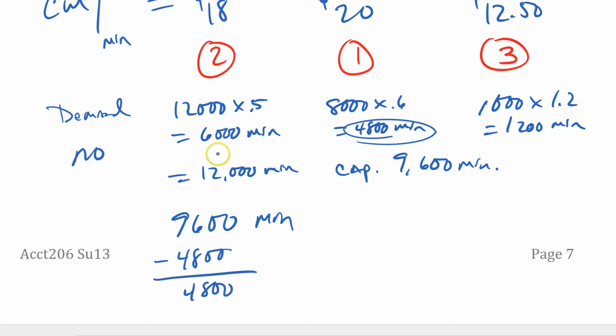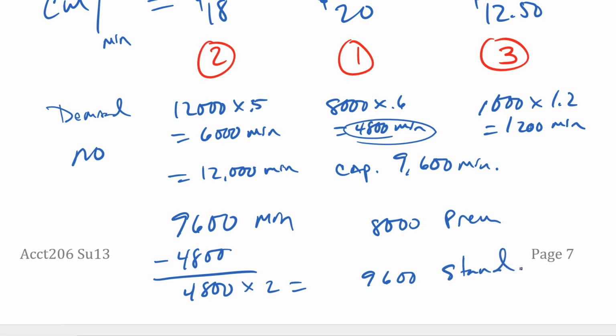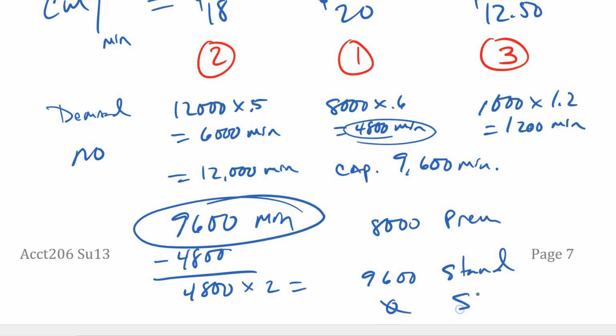And so I want to produce as many as I can of the standard that will use up the 4,800 minutes. Since these use a half a minute each, I can multiply that by 2, and I get 9,600. So what would I produce? The question is, what would I produce? Well, I would produce 8,000 premium, and I would produce 9,600 standard, and that would chew up all 9,600 minutes. And I'd produce 0 super dupers.